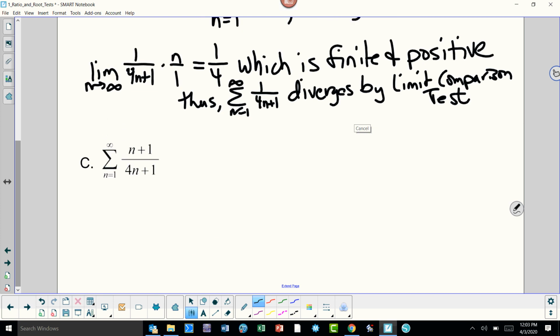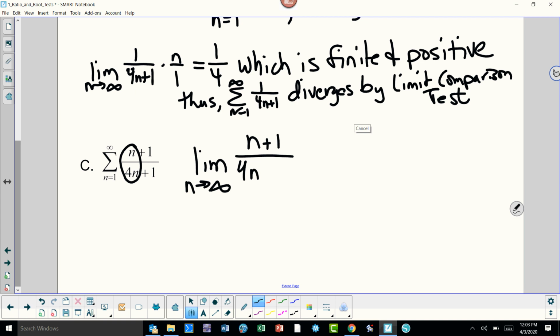So first thing I might look at is, hey, that's a rational expression, but very quickly I should immediately notice that my limit is not going to be 0. So that's a quick one. Limit as n goes to infinity of n plus 1 over 4n plus 1 equals 1/4, which is not 0, right?